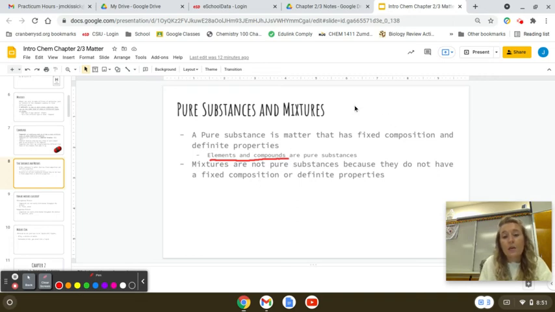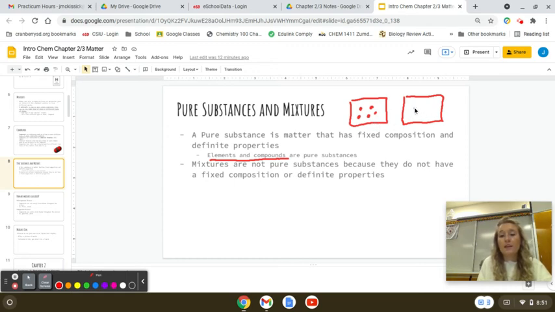Why is that? Well, let's just say I have a little container here, and here's another container. If I have an element, a container full of elements, and I randomly pick out of that container any one of those things, they're all going to be red dots, right? And it's always going to be the same. It's a fixed composition. But if I have a compound over here, they're chemically combined.